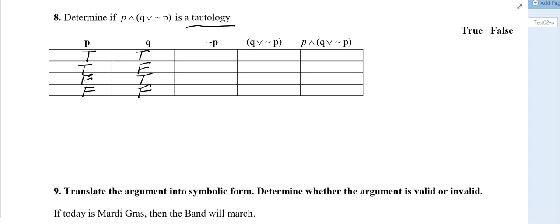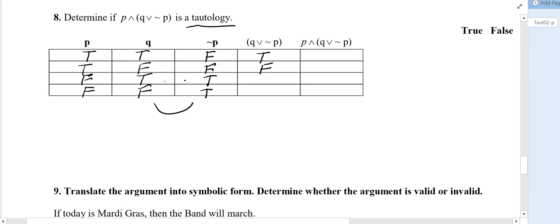I need a negation of P. False, false, true, true. I need Q or not P, so I'm going to be working with these two columns here. It's an OR. I need at least one T. I got at least one T in every row except the second one.